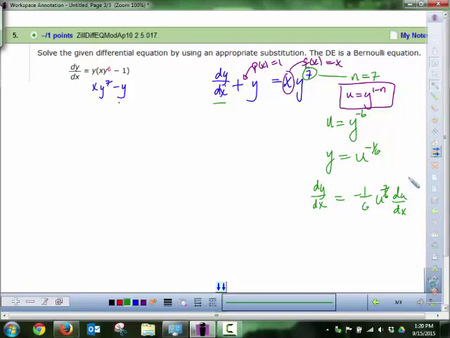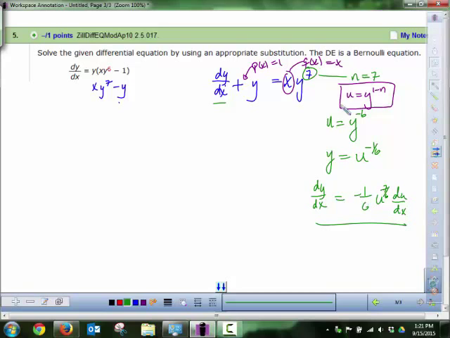Right? Whatever happens here, when you do your substitution, your differential equation should eventually look like a first order linear in terms of u. So if that doesn't work out, then you might have done something wrong in the meantime.